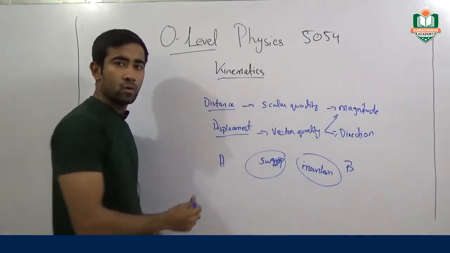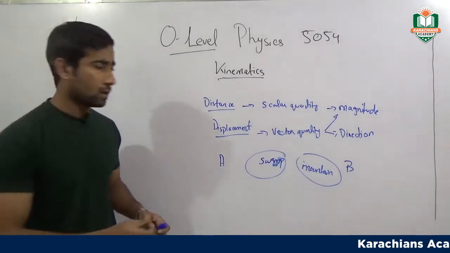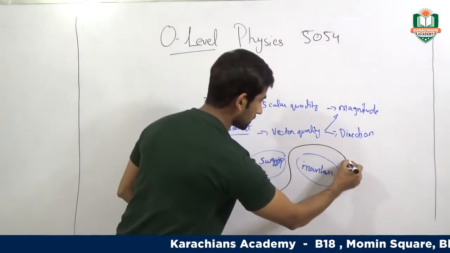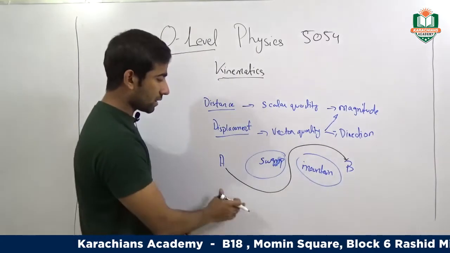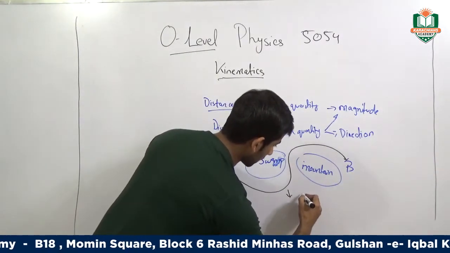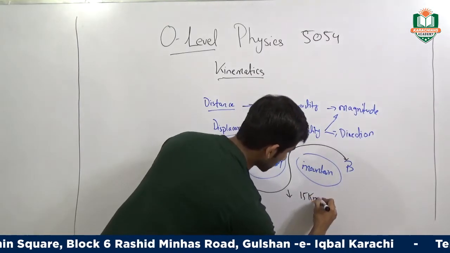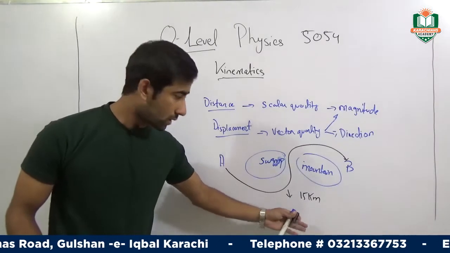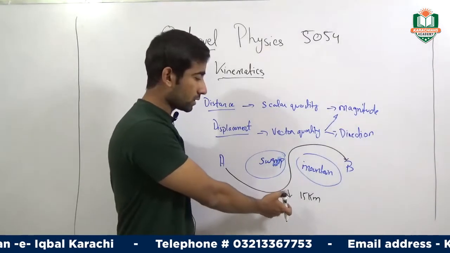If somebody wants to go from A to B, they will be bypassing the swamps and the mountains and reaching B. Let's say the length between A and B in this case is around 15 kilometers. So we'll say that this is our distance, because it just has a quantity, it does not have any direction.